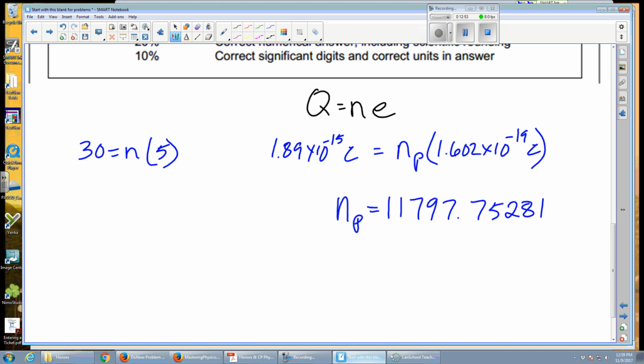So now remember, this isn't the total number of protons. This is the number of protons that don't have a partner. All right?